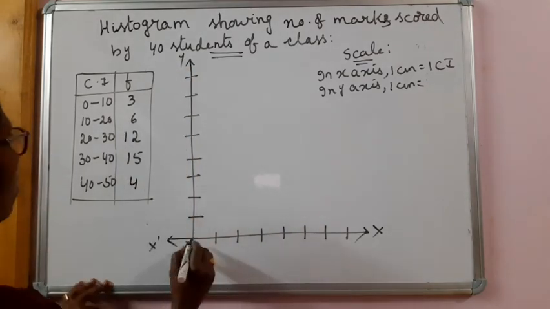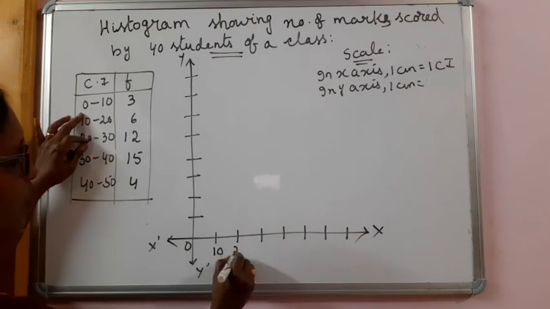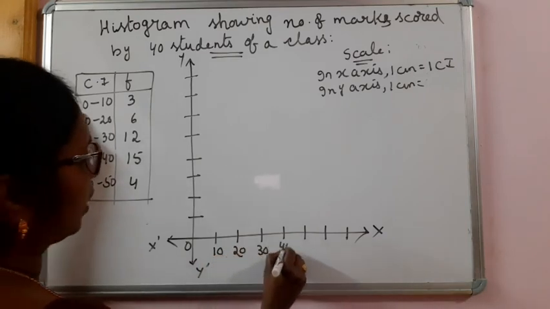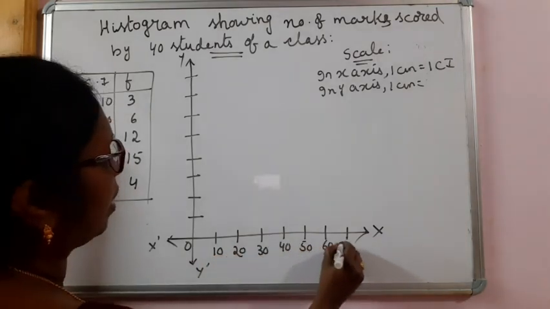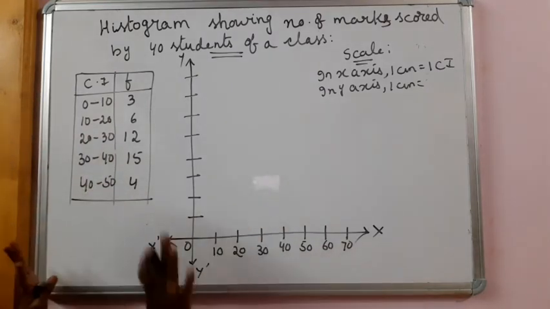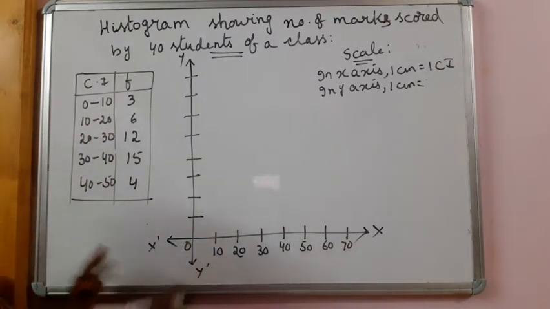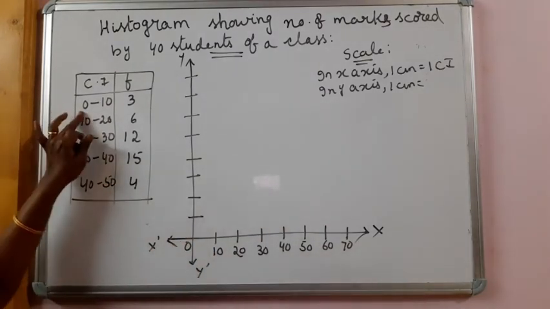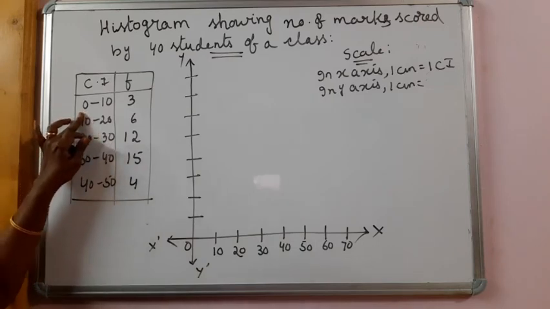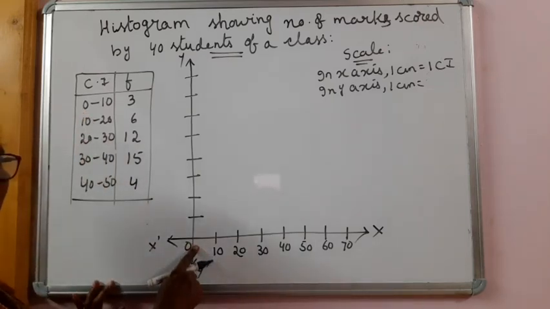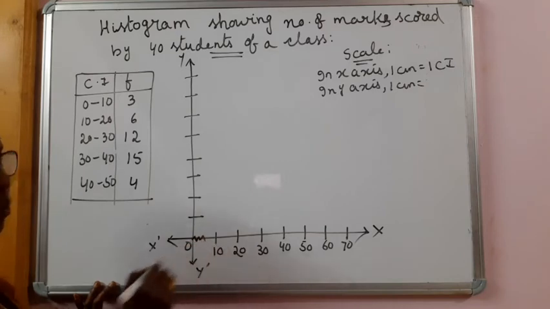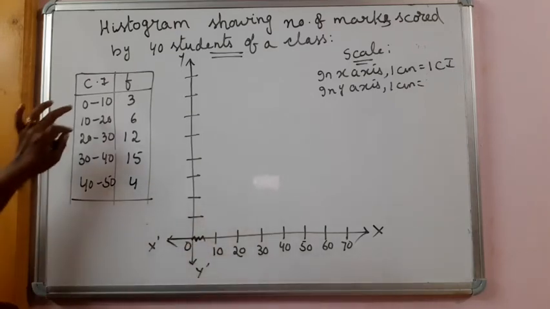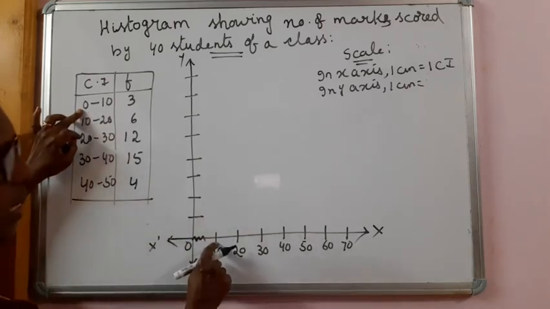So here 0, 10, 20, 30, 40, 50, 60, 70. Up to 15 needed, the rest not needed. And one more important thing, if the lower limit of the first class interval does not start with 0, we have to give a kink mark like this. Then suppose here 1 will be there, we can write 1 here.